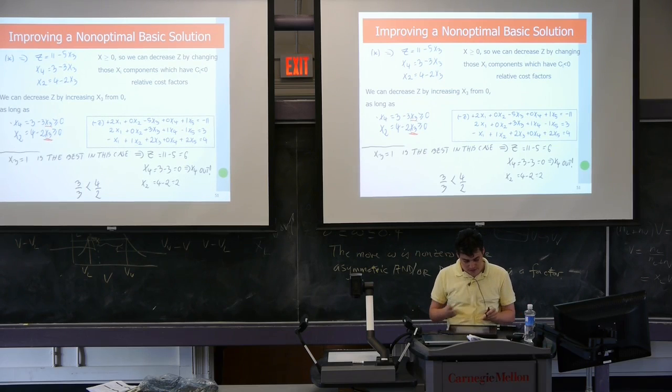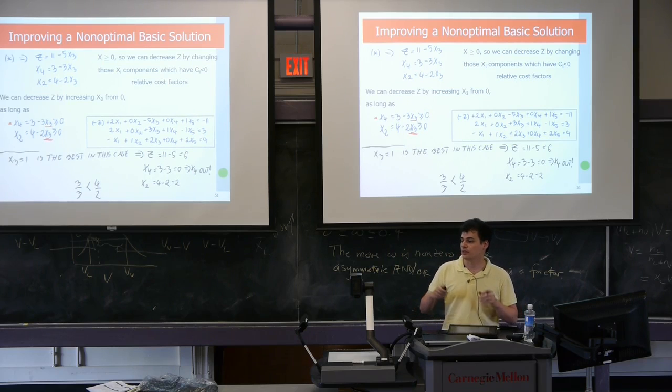So in other words, we just need to calculate the ratios. That is, 3 over 3 is less than 4 over 2. That's why the active constraint is coming from this equation. And it means that we will set the value of x4 to 0.